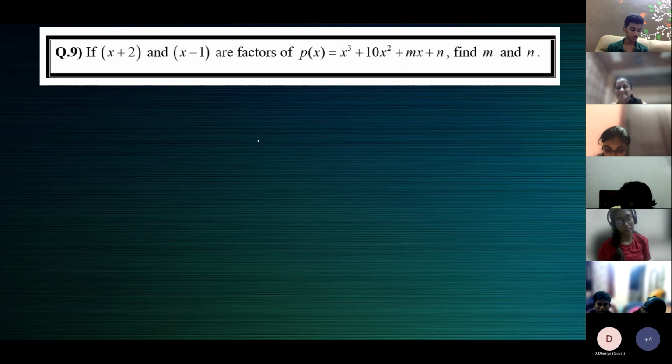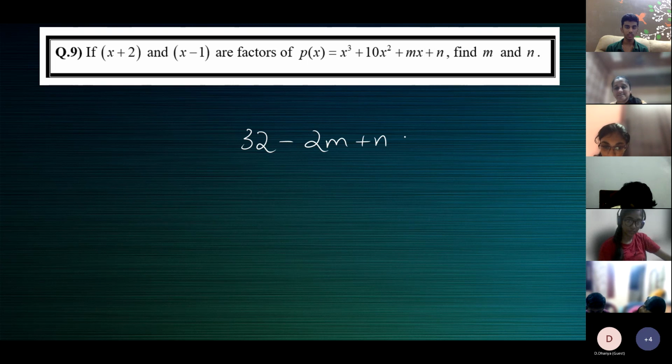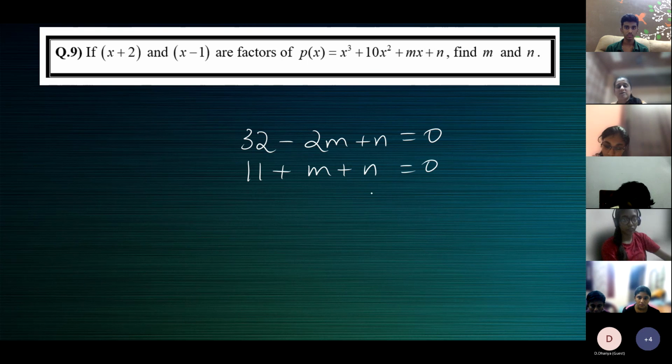First equation is 32 minus 2m plus n is equal to 0. The second equation is 11 plus m plus n is equal to 0.